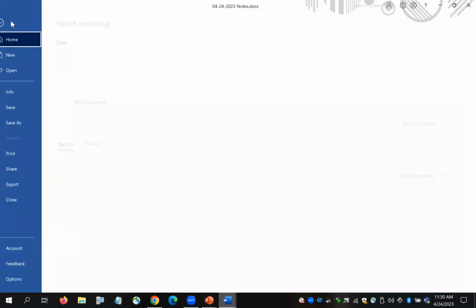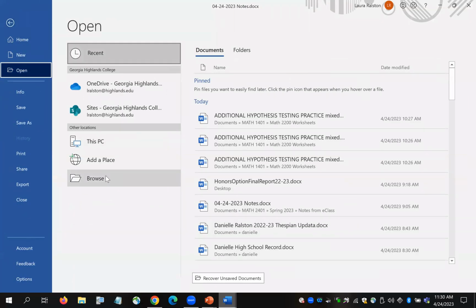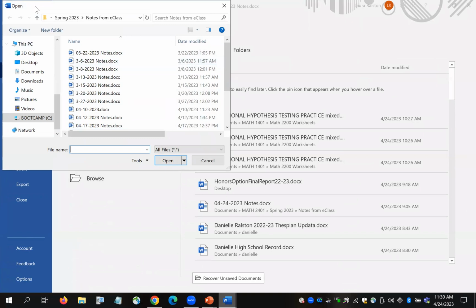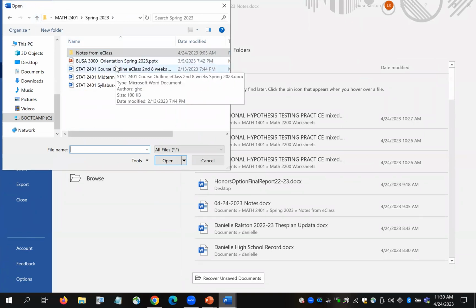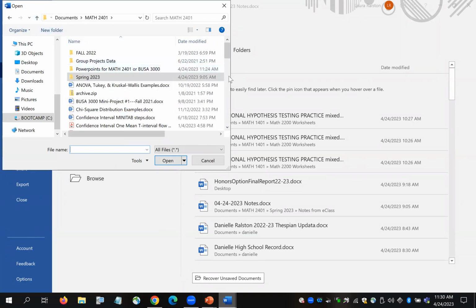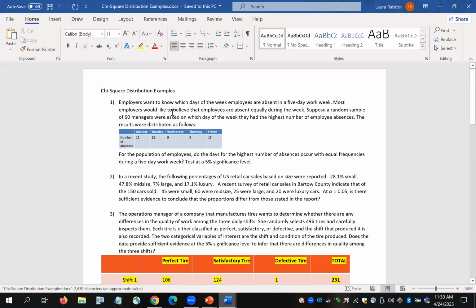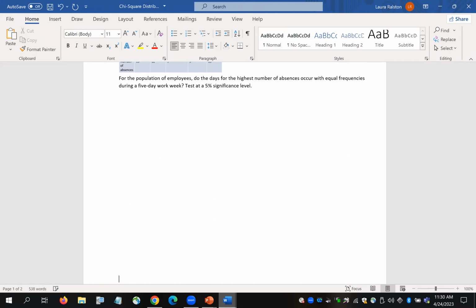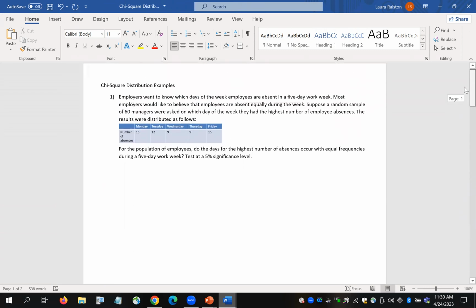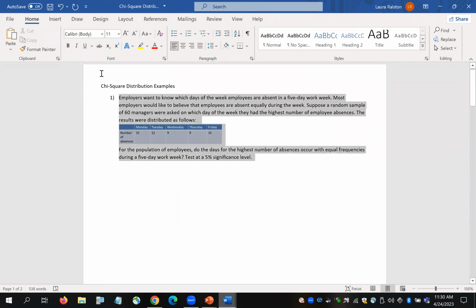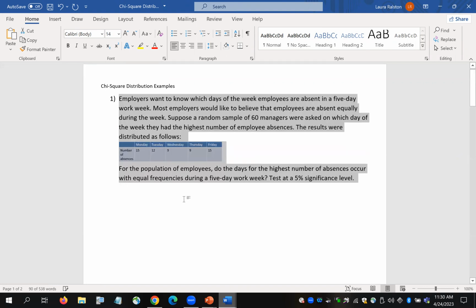I think I already have them set up. Okay, so these are our chi-square distribution examples, and this document is in D2L. I'm going to make the print bigger so I can see it and you can see it.